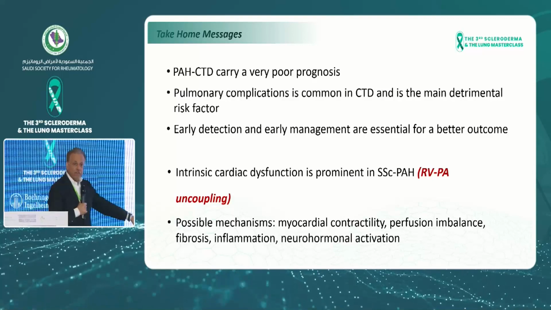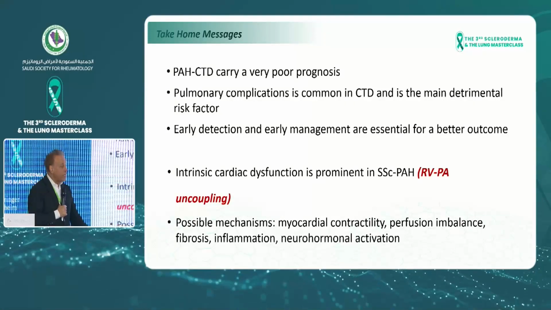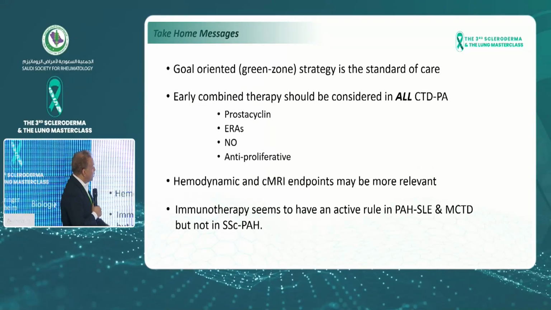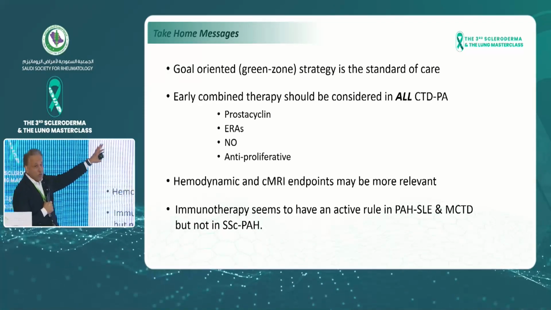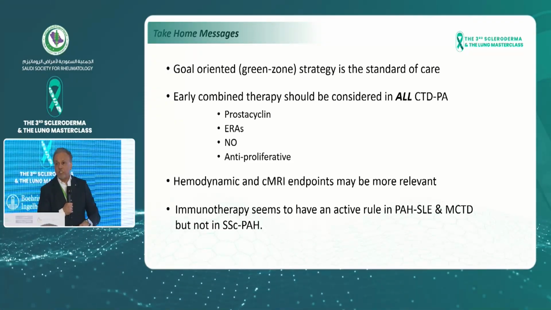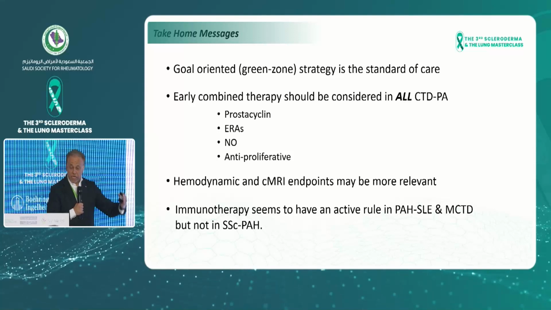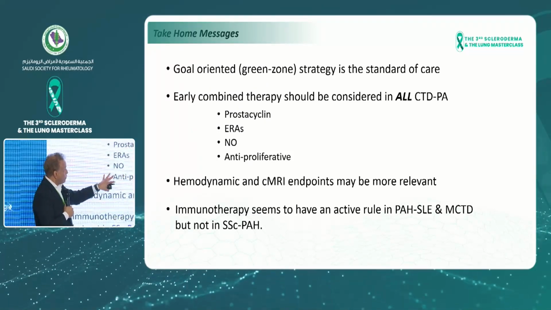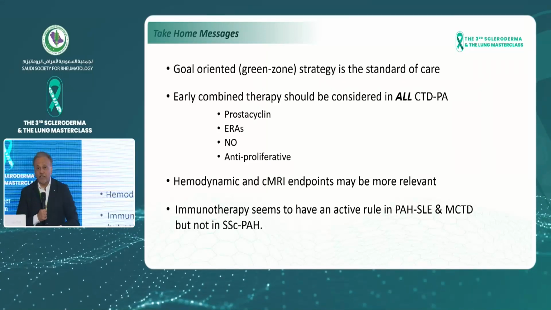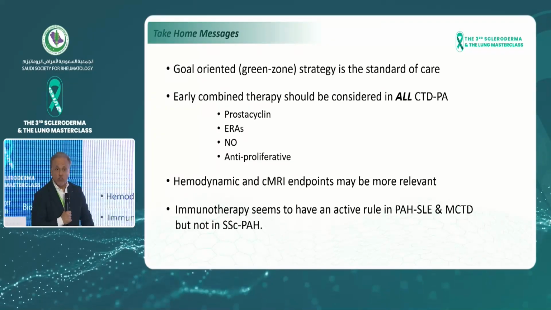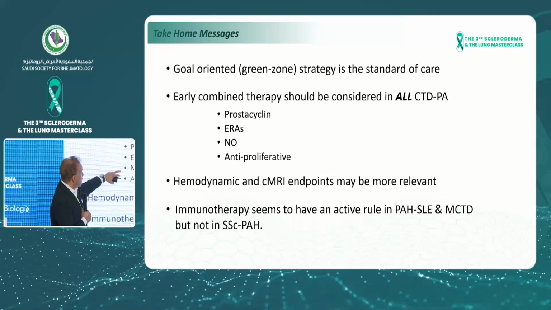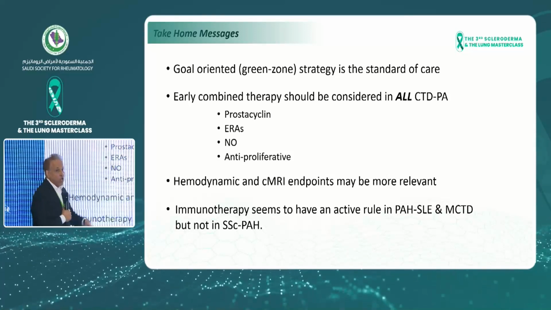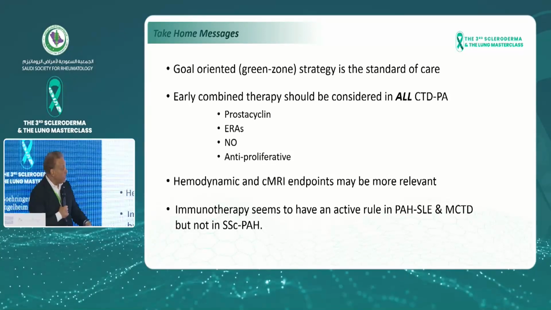So we need to do everything possible to improve the RV-PA coupling in those patients. We would like to keep the patient always in the green zone by adding drugs to reach that target. At the moment, we have 4 signaling pathways that we use to treat those patients. Usually we start with 2 and then add to them.